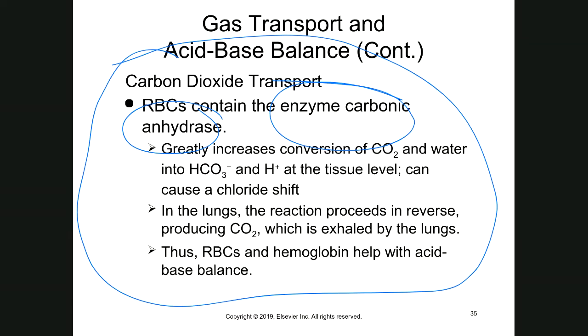If for some reason you stop breathing or have a problem with accumulation of CO2 in your blood, it becomes a little bit acidic because the CO2 levels start to increase. Well, what this particular enzyme will do is make that beautiful reaction and start to produce more from this one.